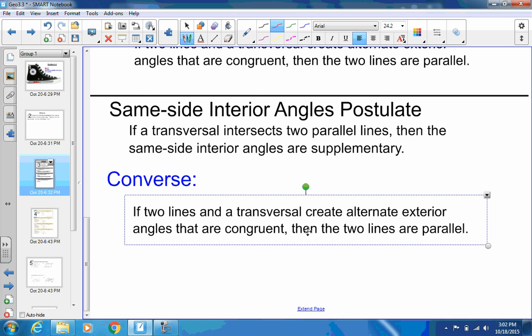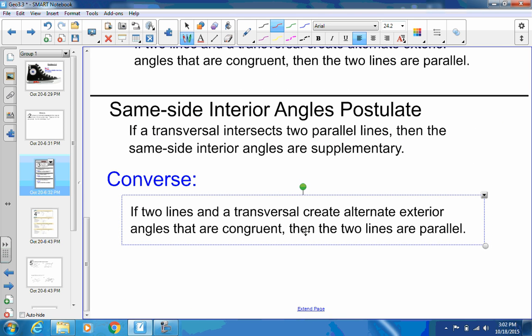And here's the fourth one. The same side interior angles postulate deals with supplementary angles. I'm going to change this a bit. It says if a transversal intersects two parallel lines, then the same side interior angles are supplementary.